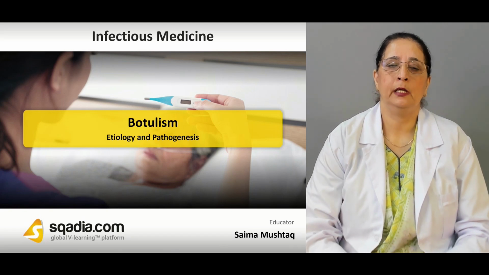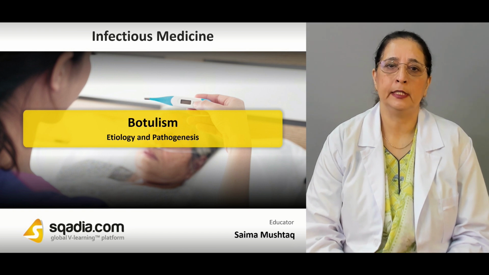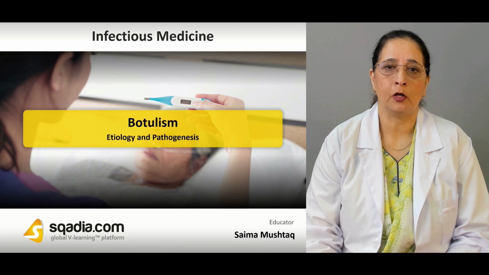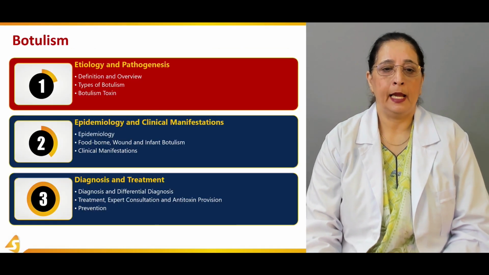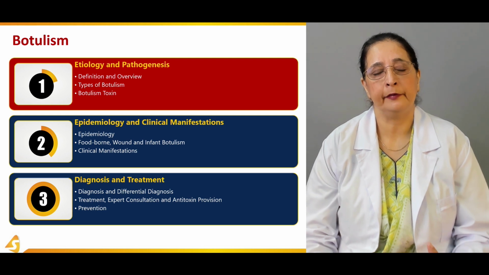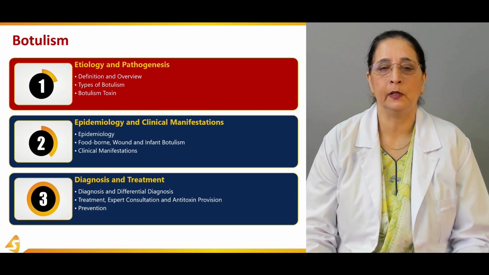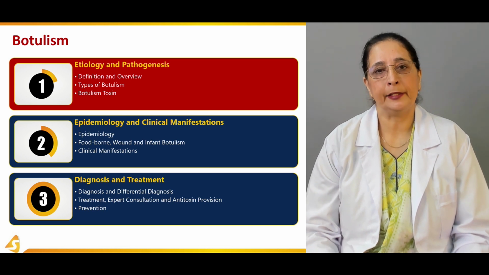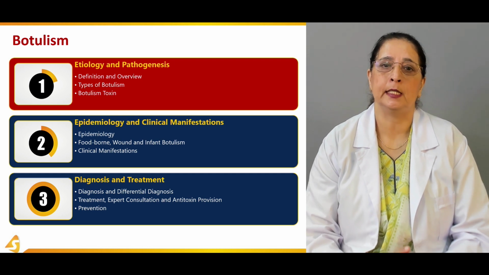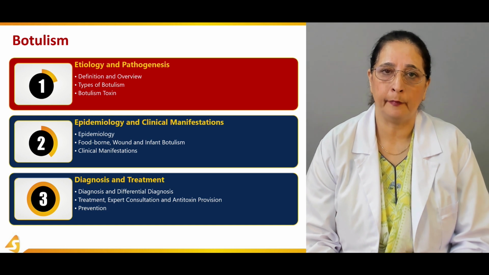Let's begin with our lecture. In the first section we will discuss the etiology and pathogenesis of botulism. When we discuss the etiology, we will cover the different causes of botulism and how it occurs, and with pathogenesis, how the disease progresses.